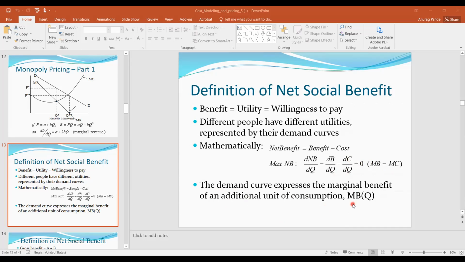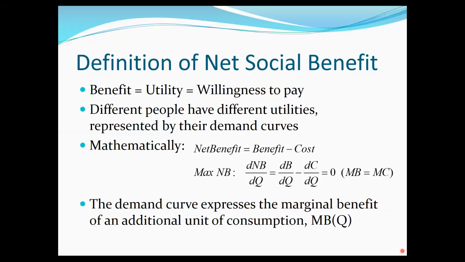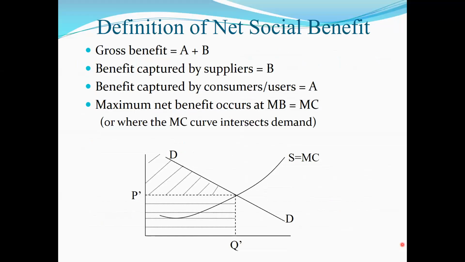So what you're looking for then, if you go to the next slide, okay, the maximization of net social benefit happens when the demand curve meets the supply curve. And you must have heard of this, right? When supply and demand meet with each other, that's when you maximize the net social benefit.